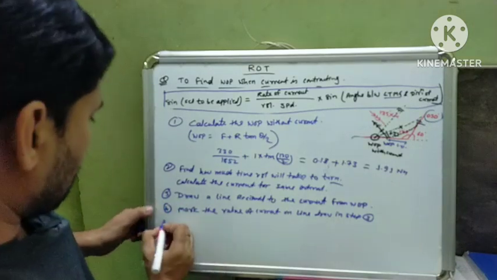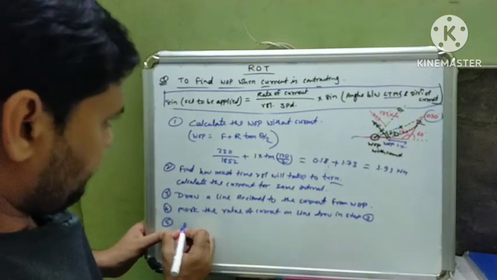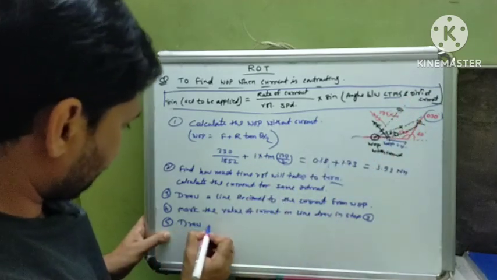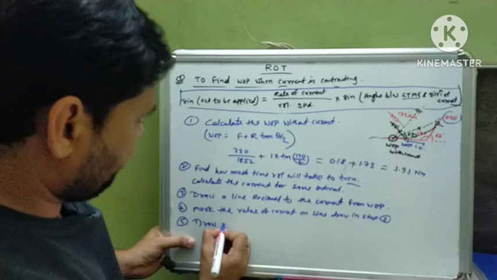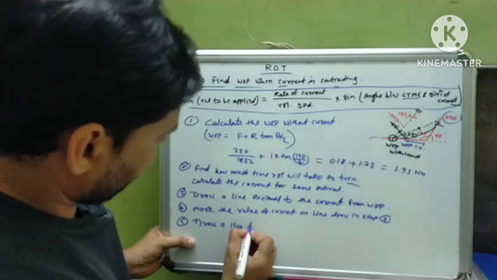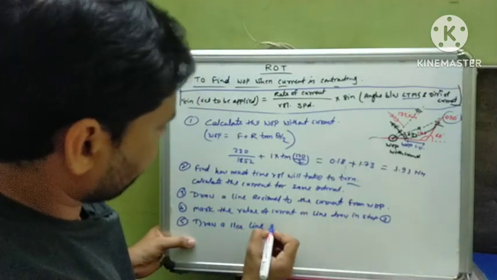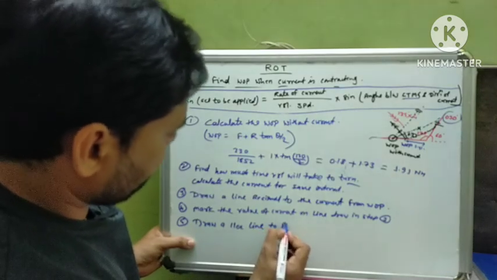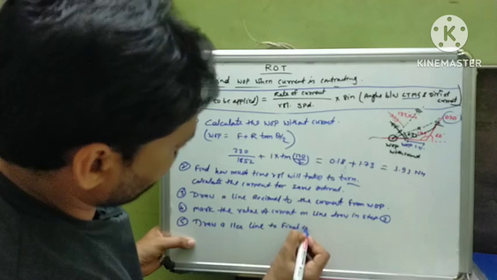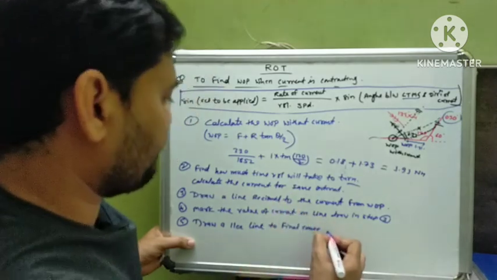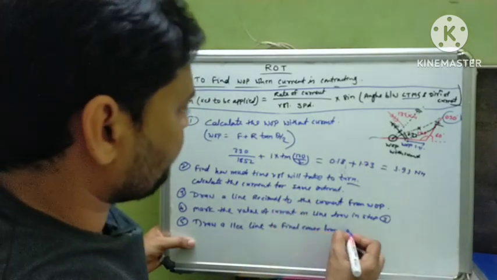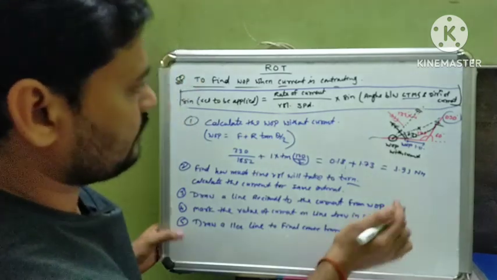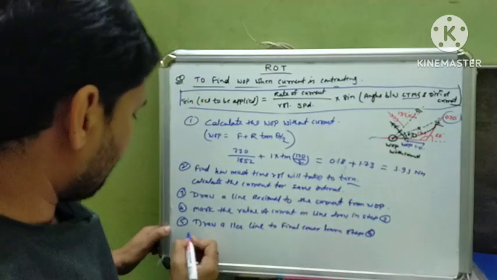Then draw a parallel line to the final course from step 4, what we have calculated here from there.